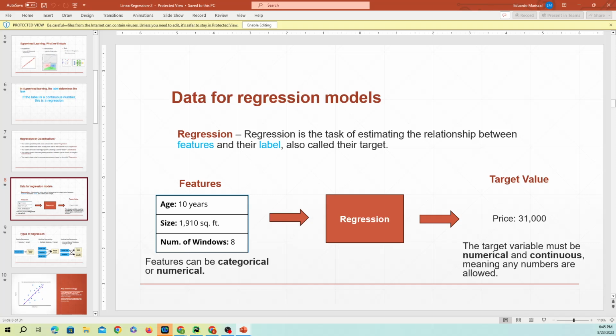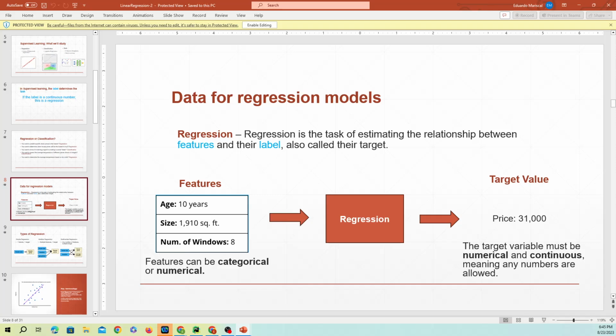You cannot have 8.00001 of a window. So what happens here is that you're going to take all these rows of data and put them into your regression, and from there it's going to learn from your data and be able to predict what the value of your house should be.